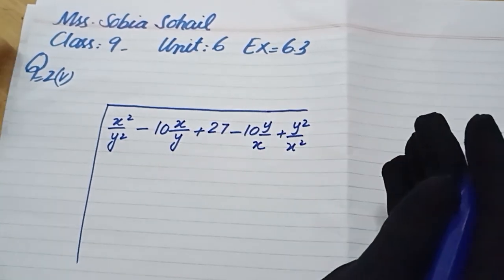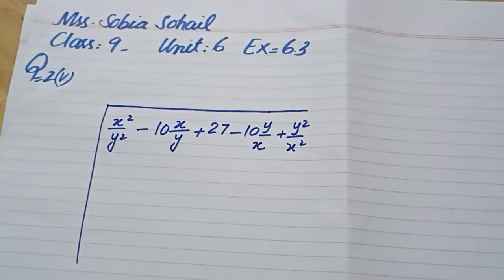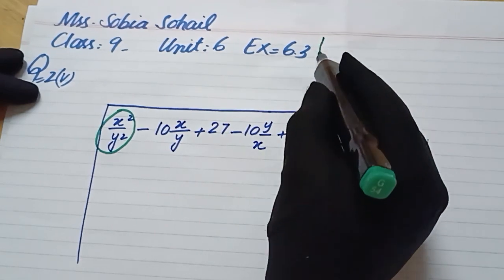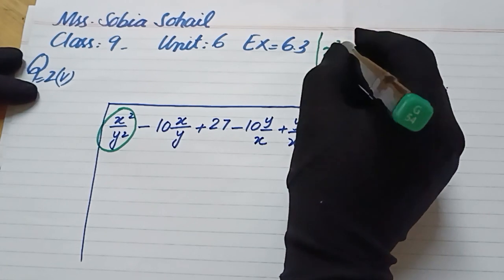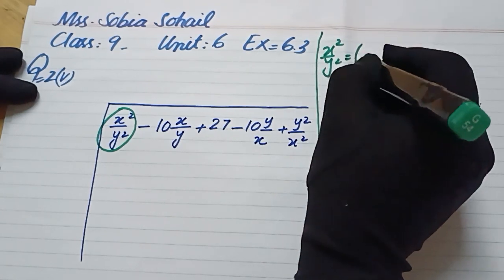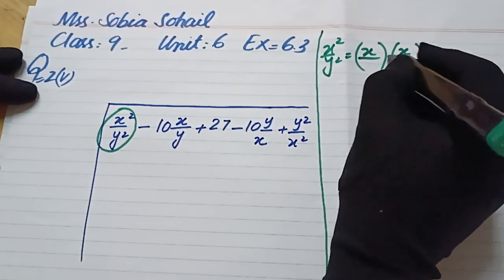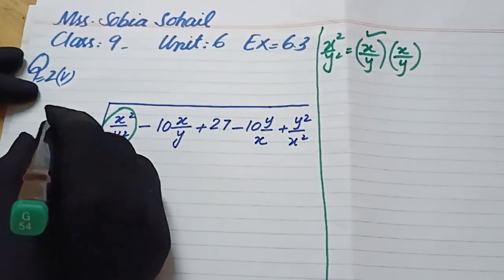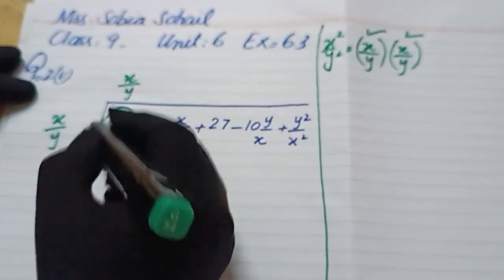The procedure of solving the question is exactly the same. We factorize the first term into exactly two same factors: x square over y square is x over y into x over y. One factor we write in the divisor place and one factor at the quotient place.